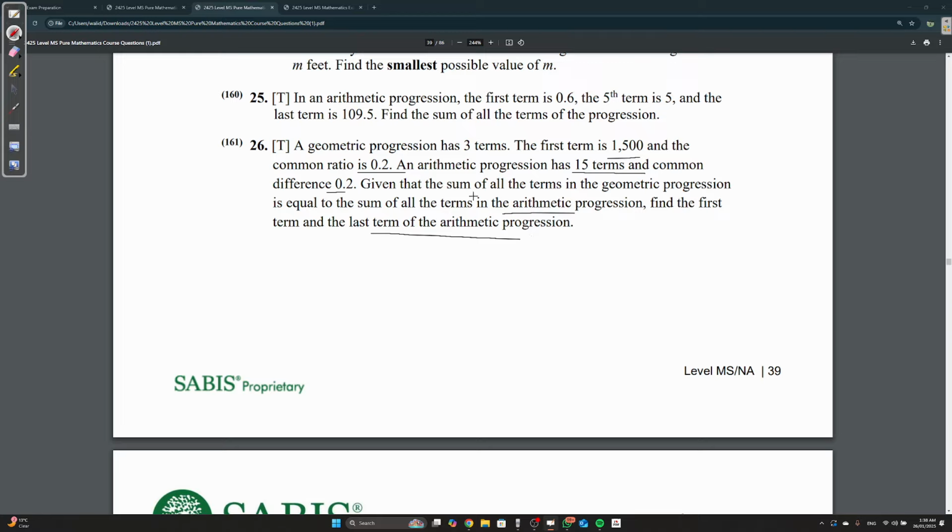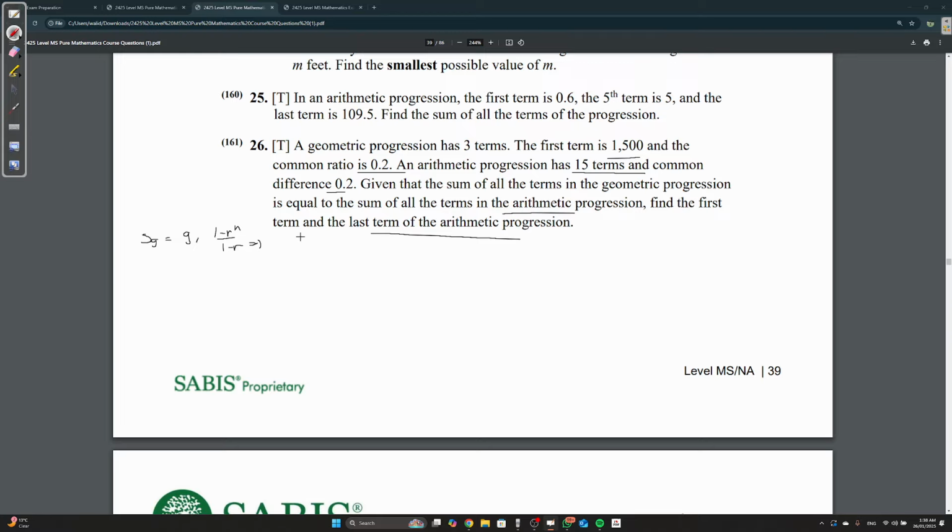So let's work on this step by step. The sum of the geometric is equal to the sum of the arithmetic. What's the sum of the geometric? It's equal to g1 times 1 minus r to the power of n, over 1 minus r. We know that it has 3 terms, the first term is 1500, and the ratio is 0.2, so we can find the geometric sum.